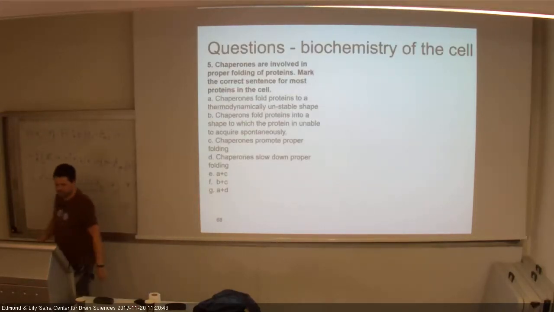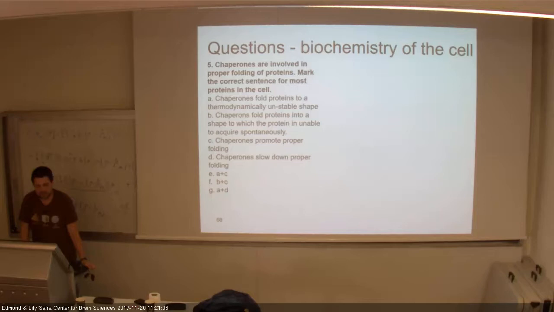Questions regarding this chapter? They're not regarding what we talked about right now. So, chaperones are involved in proper folding of proteins. Mark the correct sentence for most proteins in the cell. Again, I'm saying most because there are deviations in biology. So, A, chaperones fold proteins to a thermodynamically unstable shape.